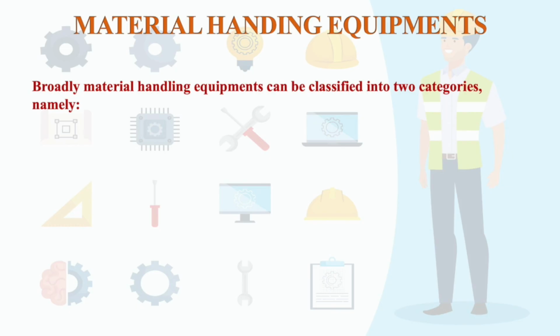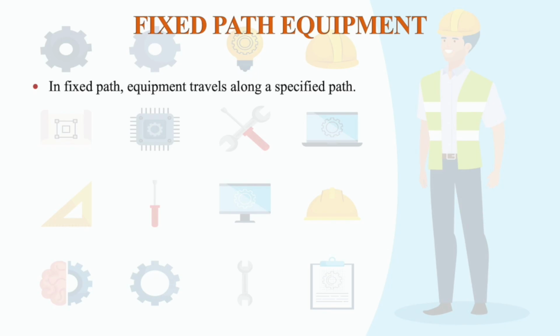Broadly, material handling equipment can be classified into two categories, namely fixed path equipment and variable path equipment. So what is the fixed path? In fixed path, the equipment travels along a specified path, only one path.